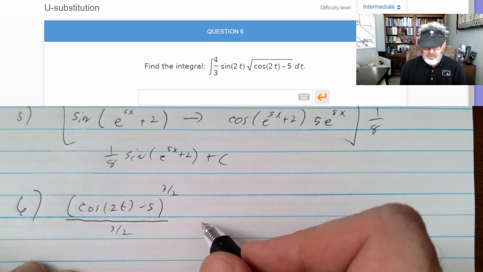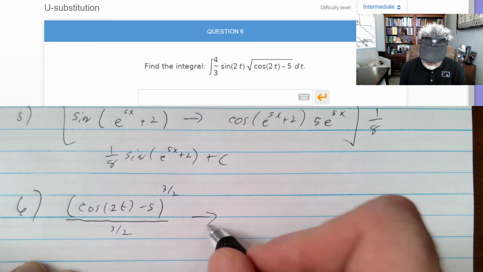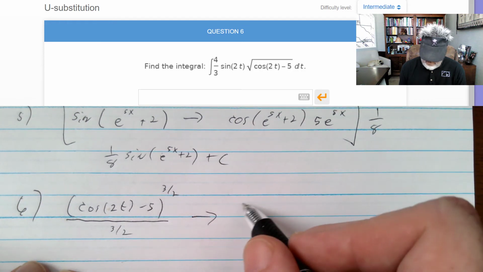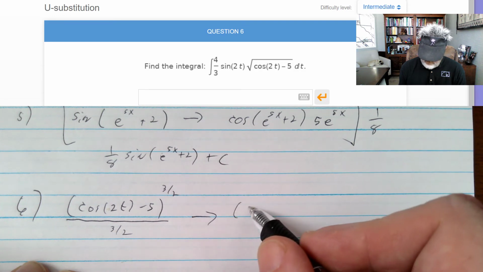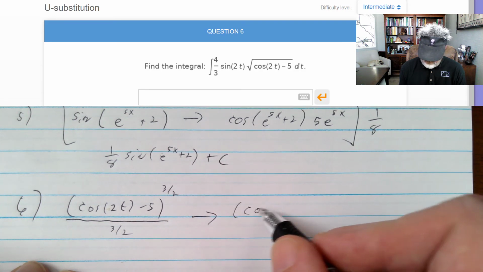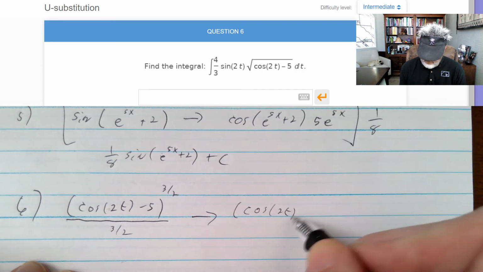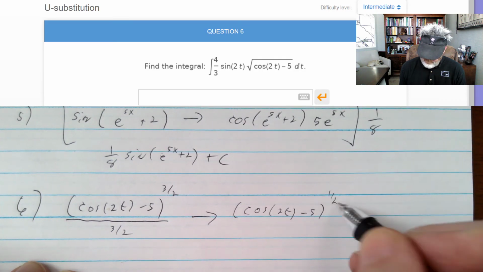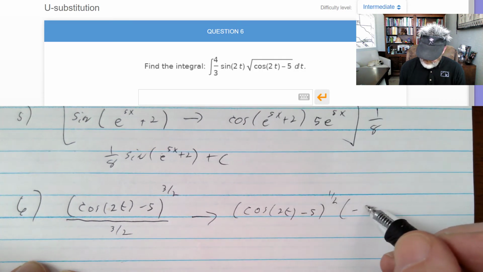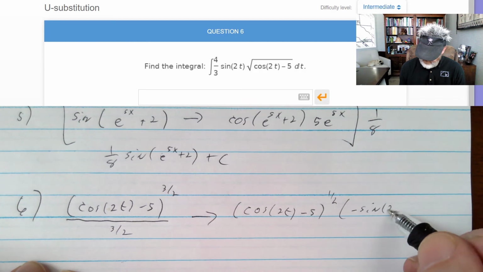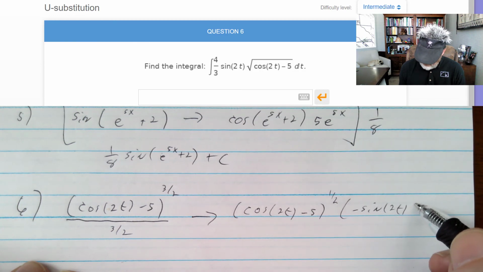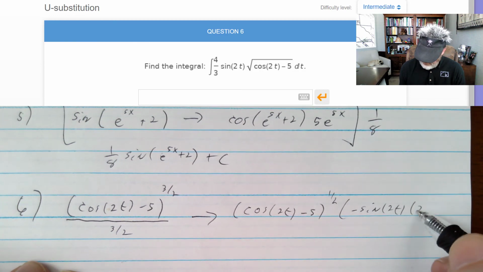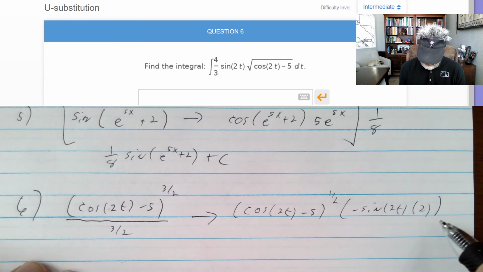So the derivative of this is going to be, I'll just use an arrow here, 3/2, that'll cancel. We'll get this whole thing to the 1/2 power, and we subtract 1 from the exponent. Derivative of what's inside will be -2 sine of 2t. So put the 2 right here. And that's that.